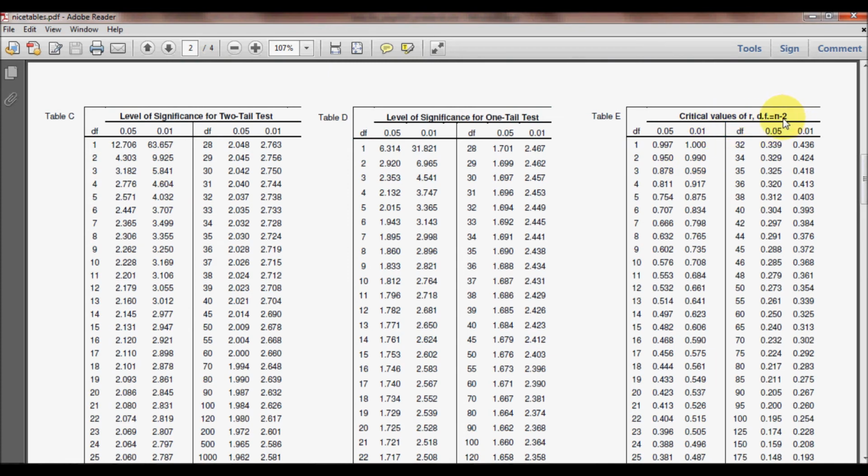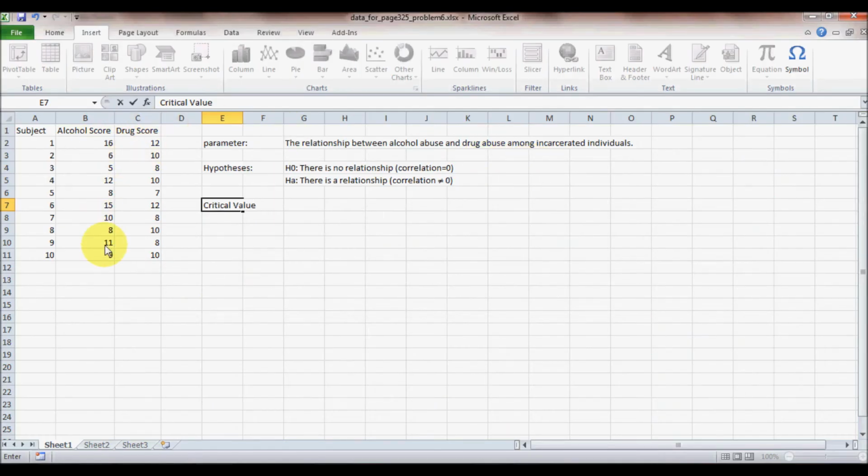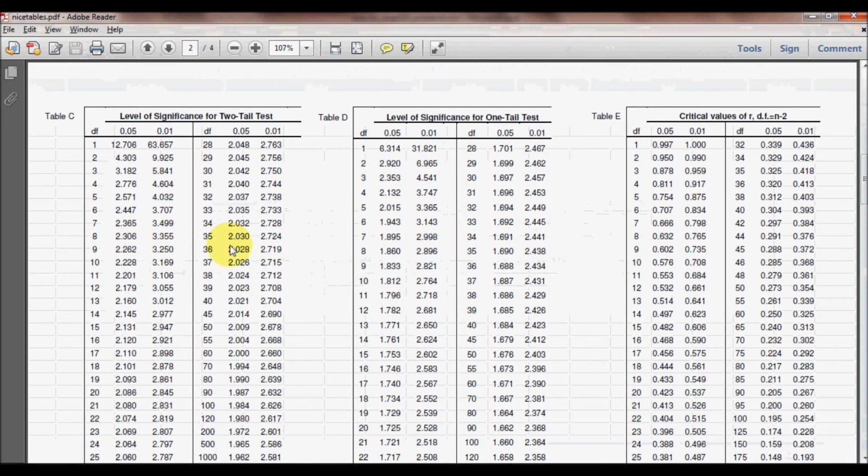Degrees of freedom are n minus 2, the number of pairs minus 2. Looking at this data, I have 10 pairs of scores. 10 minus 2 is 8, so I have 8 degrees of freedom. And 8 degrees of freedom corresponds with a critical value of 0.632.